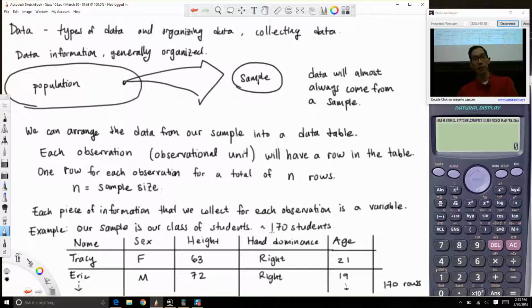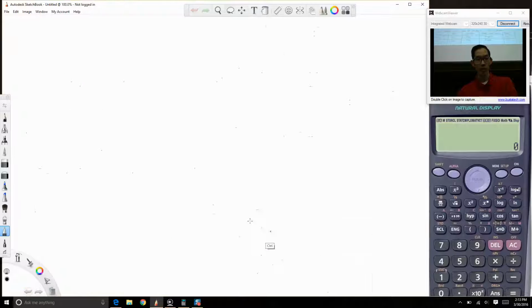Each row is an observation. Okay, so in our data table, did I skip too quickly to the next slide? Are we okay? Yeah, we're okay. All right. In our data table, each column is a variable. Each row an observation.